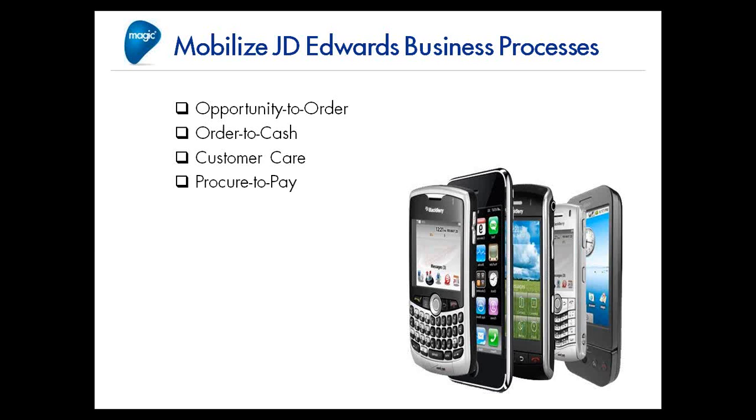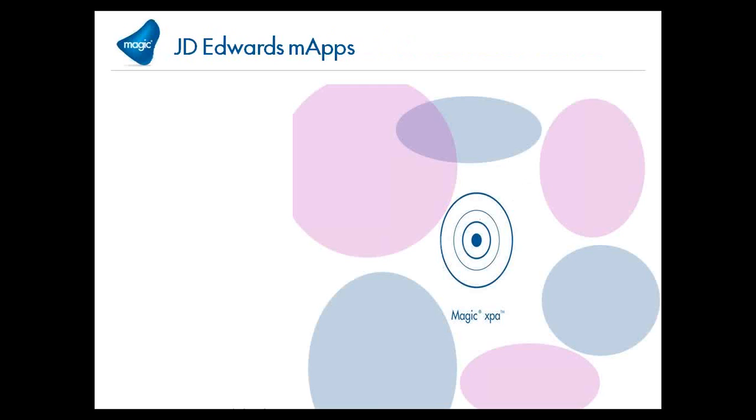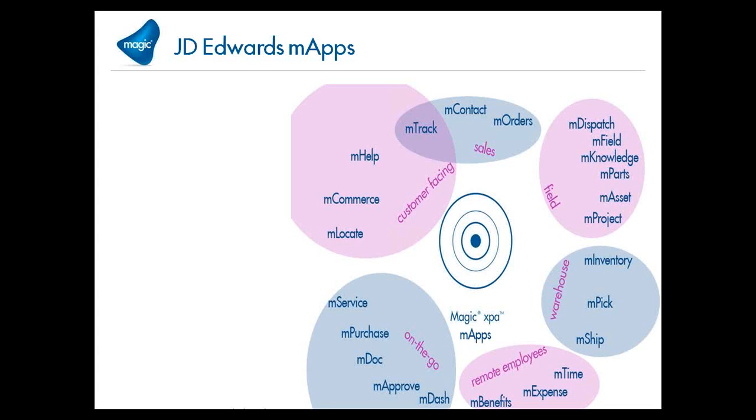Obviously, as we look at business processes related to JD Edwards, we're typically talking about processes that lie within 4 areas: opportunity to order, order to cash, customer care related processes, and procure to pay related processes. Now, as we look at those 4 areas, there's a whole spectrum, a 360-degree view that we can get of our business if we start to think about what's going on in these various areas.